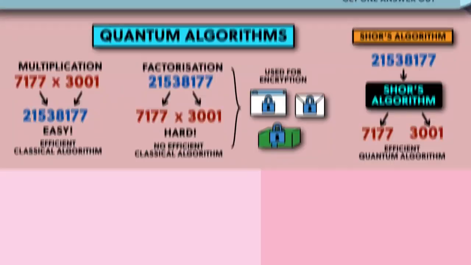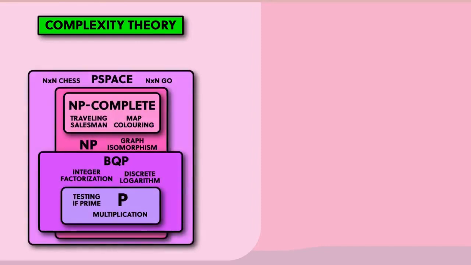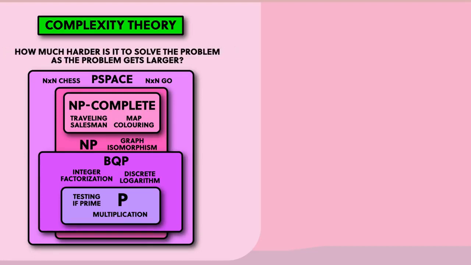Quantum complexity theory is a subfield of the world of computational complexity theory, which deals with the categorization of algorithms, sorting them into bins according to how well they run on computers. The categorization is based on how much harder it is to solve a problem as the problem gets larger. Here, any problem inside the P box is easy to solve with a classical computer.